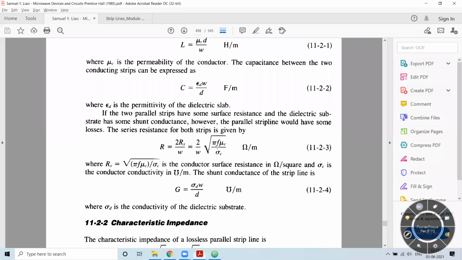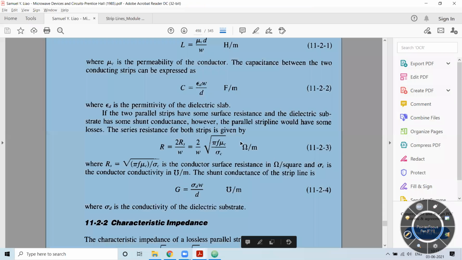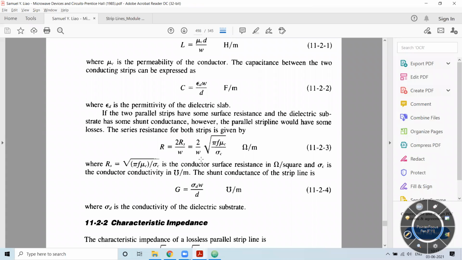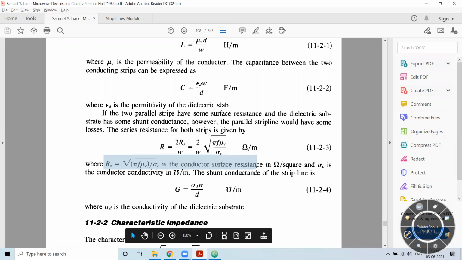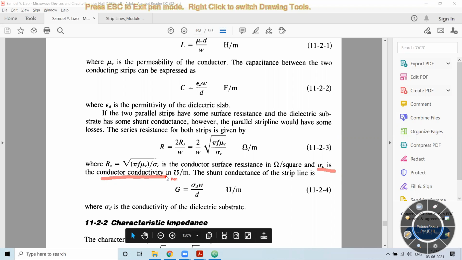So again, mu c and sigma c are due to the conducting elements or due to the conductors. And here Rs is termed as the skin resistance or the surface skin resistance. And we have sigma c, which is the conductivity of the conductor.